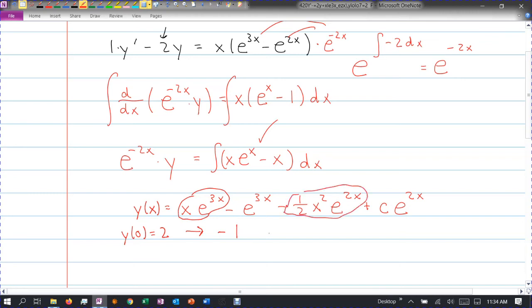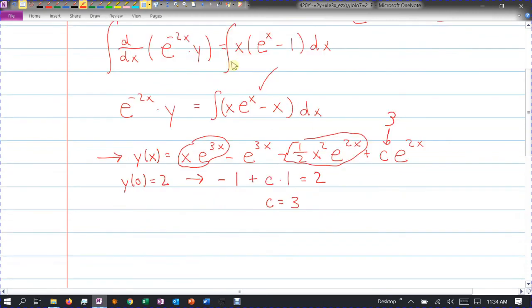And then when we plug 0 in there, we get plus c e to the 0, which is 1. And that must equal 2. So you get c must be 3. Right. Yep, okay. I'm not going to redo that with c plugged in, right there, 3, done.